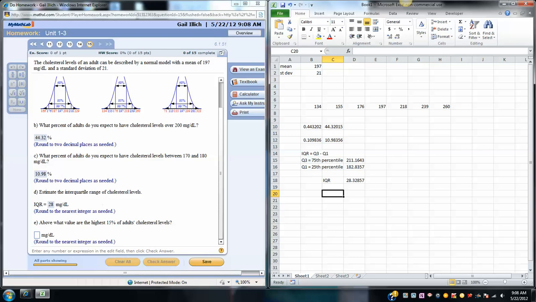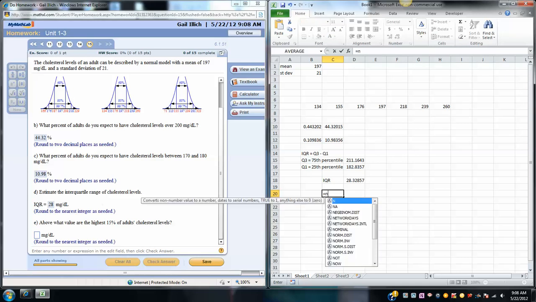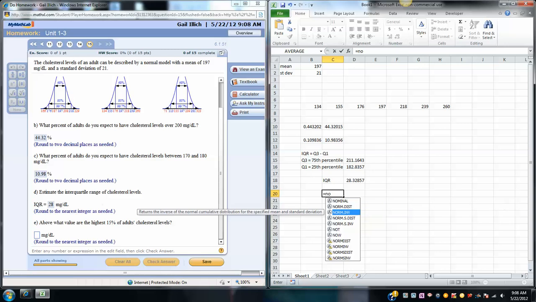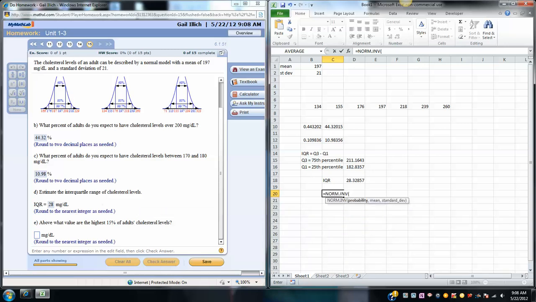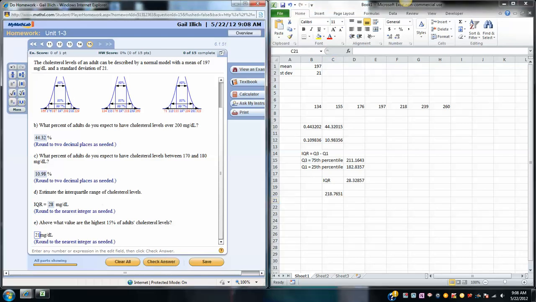So you're going to use norm inverse with 0.85, because it requires that you type in the area to the left. So you'll do 0.85, comma the mean, which was B1, comma the standard deviation, which is B2, and then close that. So it's 200, and rounded to the nearest integer, that's going to be 219.